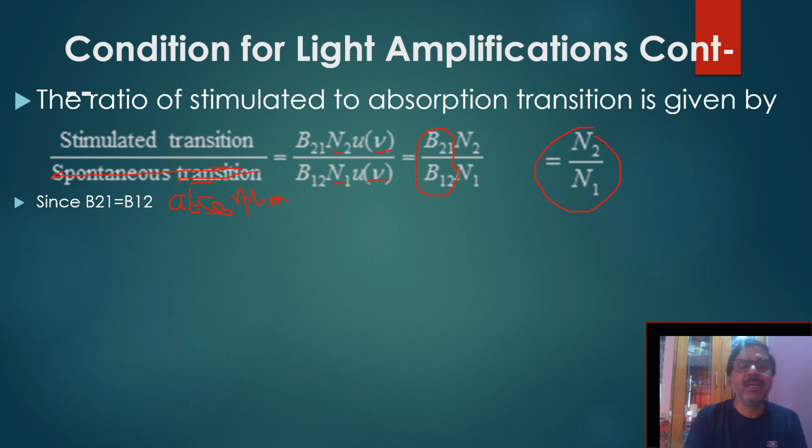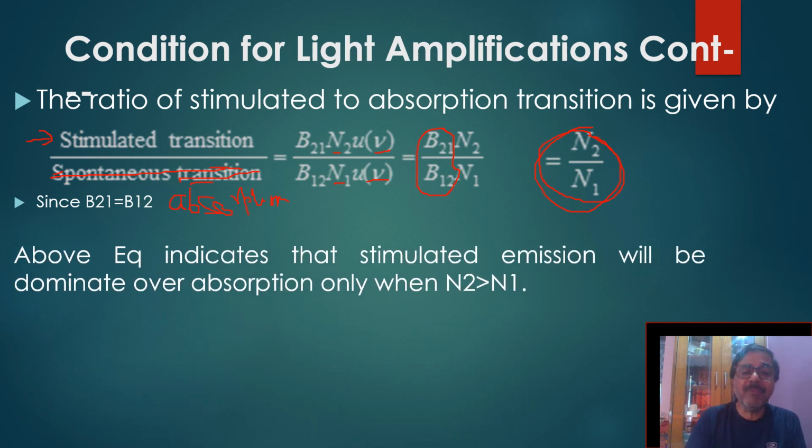So if stimulated emission is going to dominate over absorption, then the number of atoms in the excited state should be more than the number of atoms in the ground energy state, which is not possible according to the Boltzmann distribution law that we have just seen. This is impossible at thermal equilibrium, but this is what needs to be broken if you want gain of light in the medium.